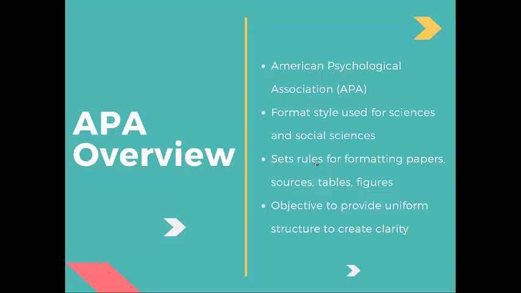And it's a set of rules for formatting papers, reference pages, tables, and figures. And the objective is to provide uniform structure and to create clarity so that scholars from different universities and across different cultures can all format their papers in the same way.